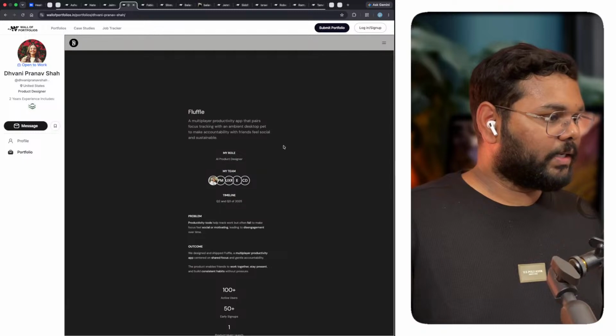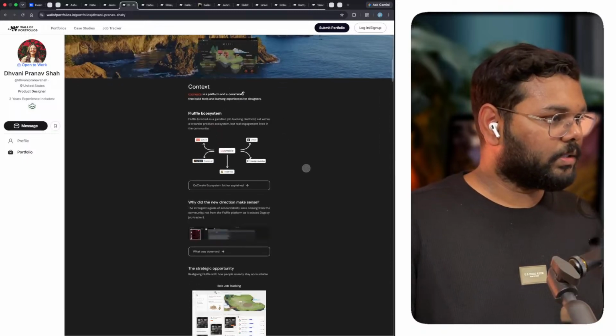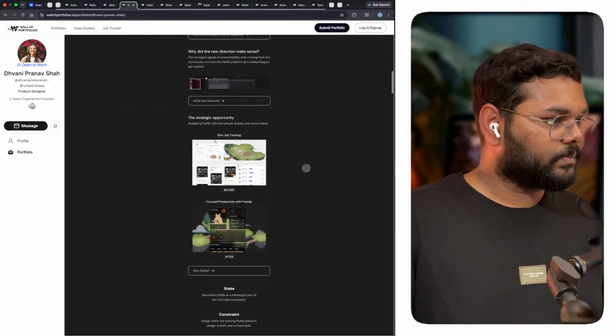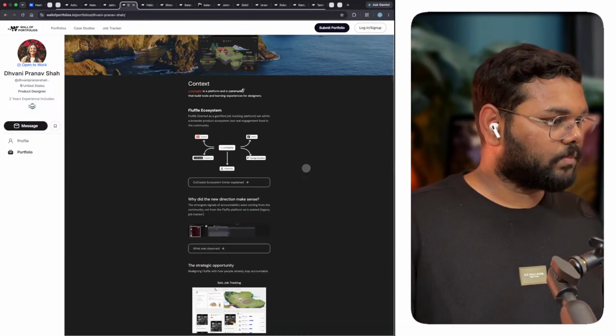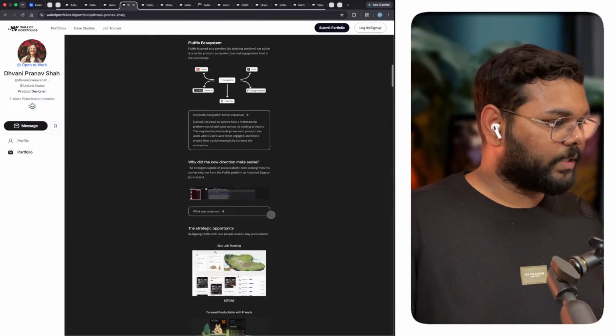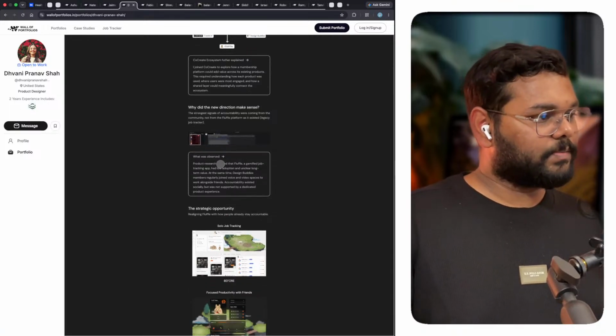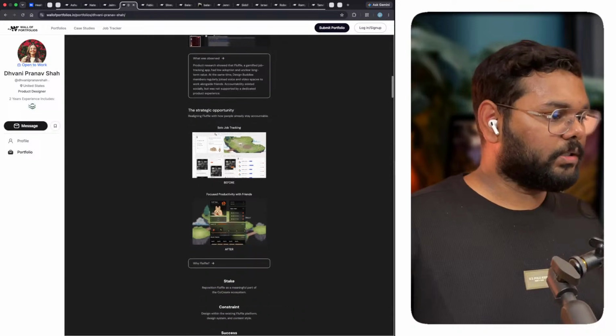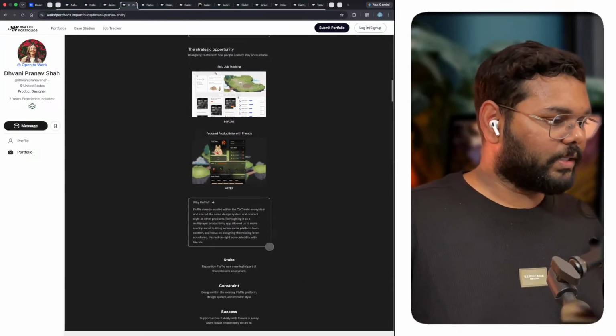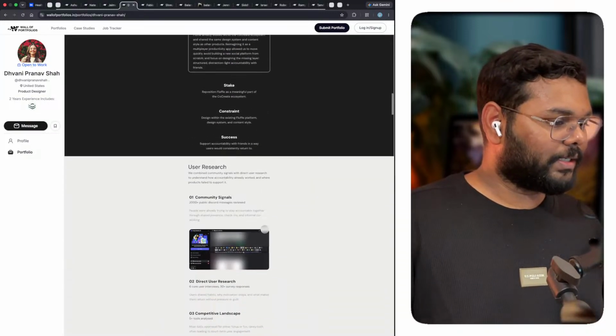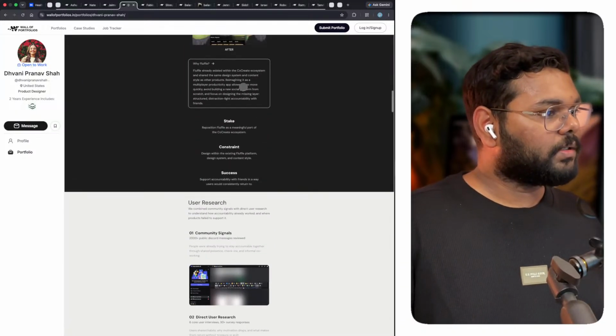And when I click on it, co-create explained. Okay, I like the way she has put things in an accordion, and when you click on it, it gives you this kind of view.